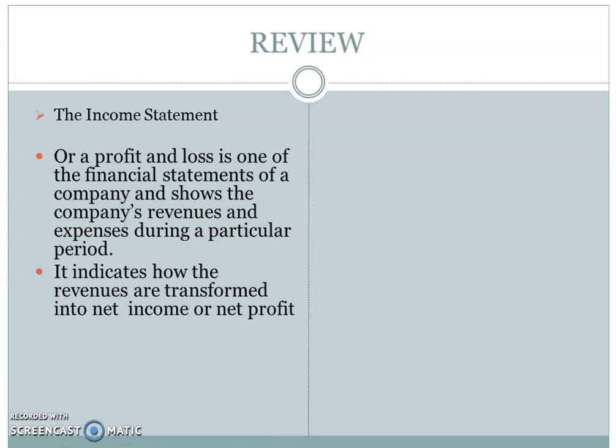It also indicates how the revenues are transformed into net income or net profit. And it shows if the company made a profit or not. Okay, so these are the definitions for the income statement.